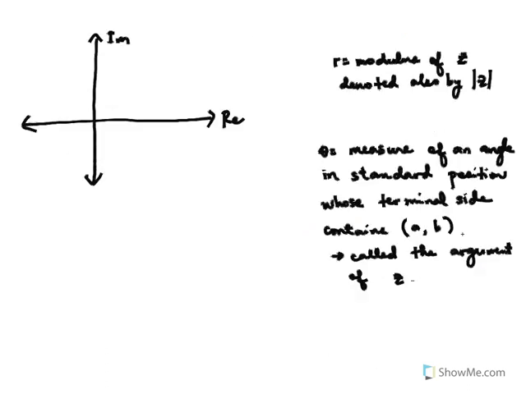Now, considering a complex number, again, z equals a plus jb. When we sketch the graph of this complex number in our complex plane, what we have is this point here, (a, b), and then from the origin, we can draw a vector to point (a, b) on your complex plane.